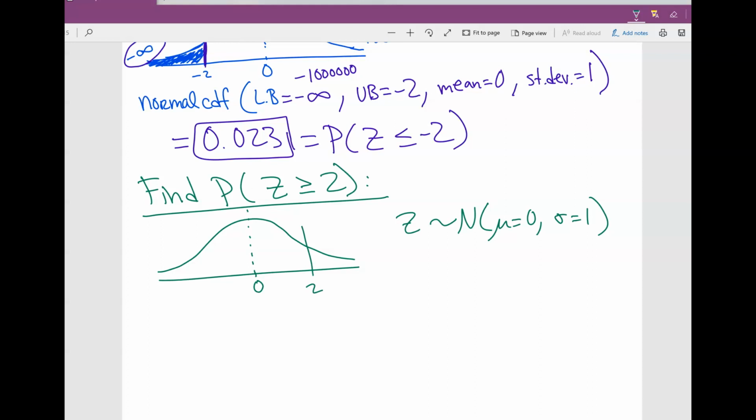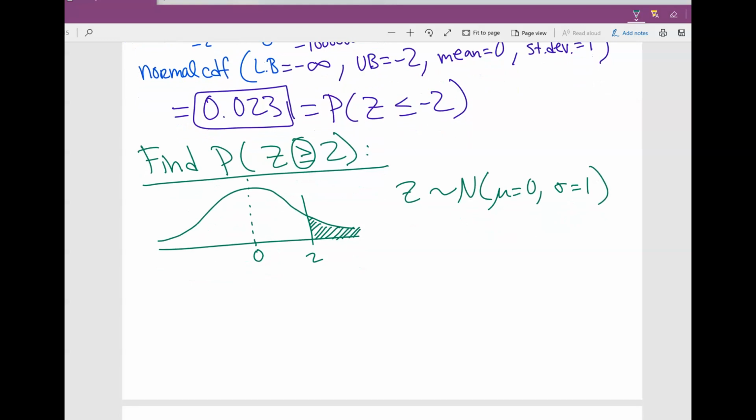Then we're looking for everything that's greater than or equal to 2, so it's going to be all of this guy. Now what is going to be my lower bound? Let's just write it like this. My lower bound is going to be equal to 2, because notice that my area starts at 2, so that's the lowest end of the area.